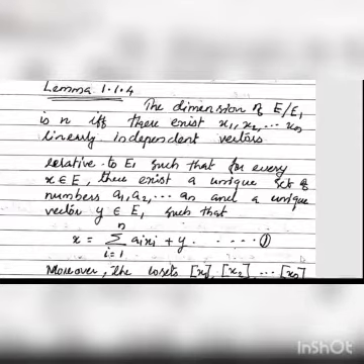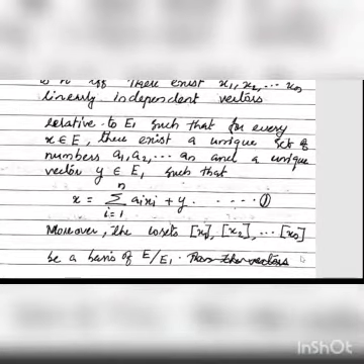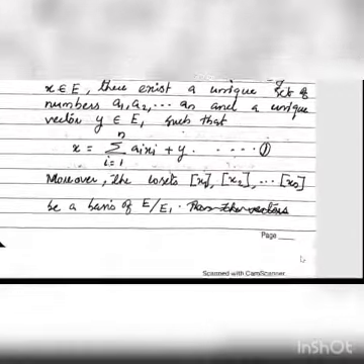That is nothing but the linear combination of vectors xi plus some y. Moreover, the cosets x1, x2, etc., xn form a basis of E/E1.